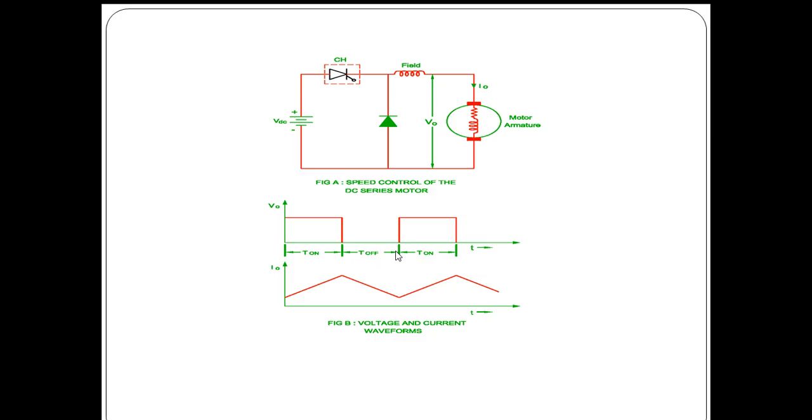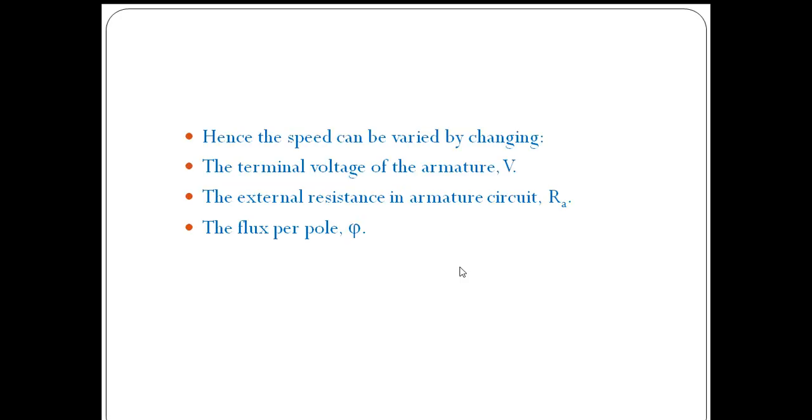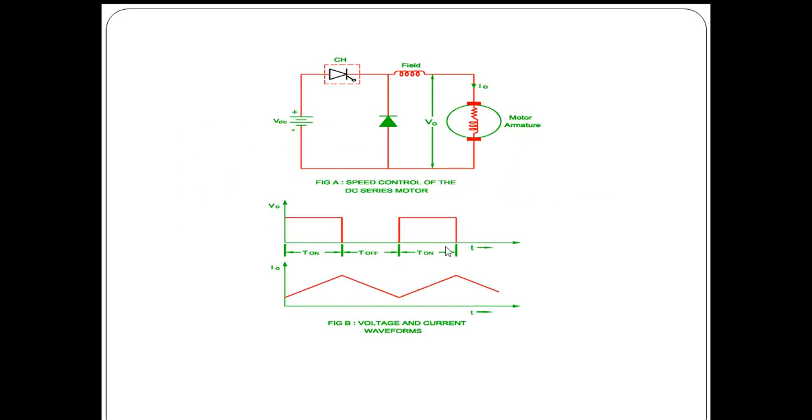From this point the process repeats, so we are having voltage drop across the output of the motor, and current will be slowly rising during the on time of the series motor. This is how the motor will be experiencing output voltage.